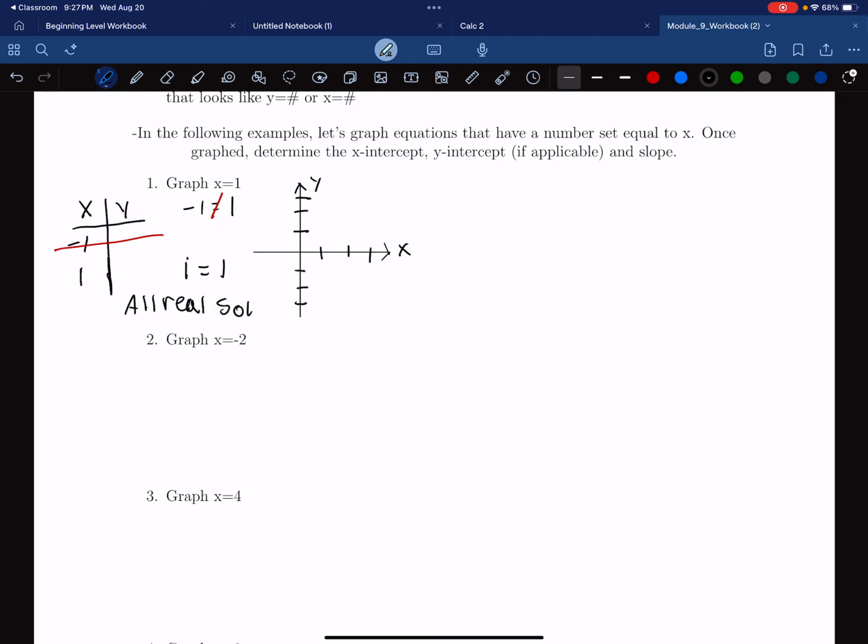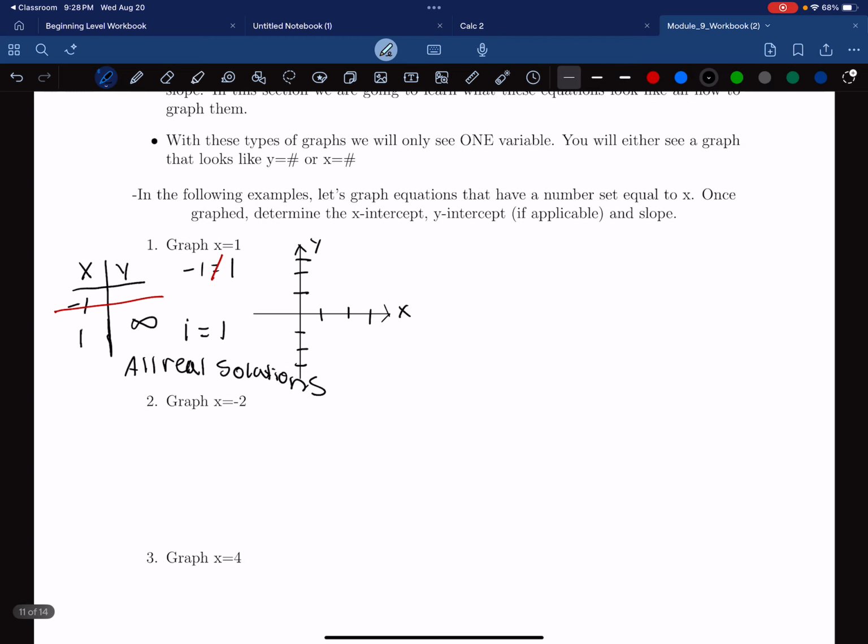solutions. But what does all real solutions mean in terms of our y values? Well, that means our y values are infinite. This sign here is an infinity sign. So this means infinity. I'll write this out here, off to the side, in case we need that. Infinity, oops, that does not look like an infinity symbol.